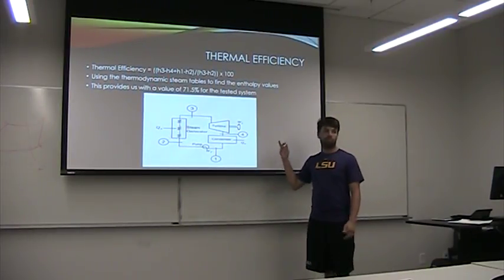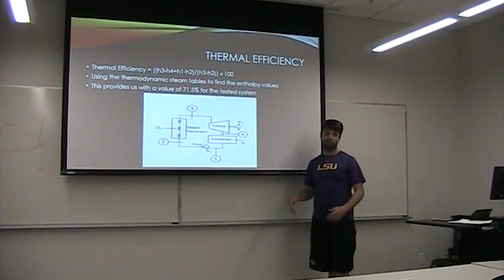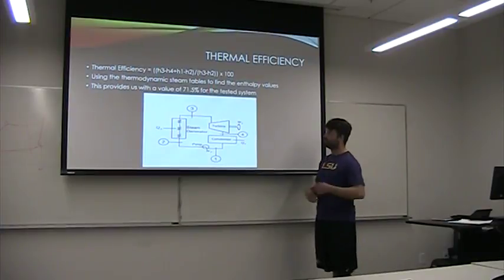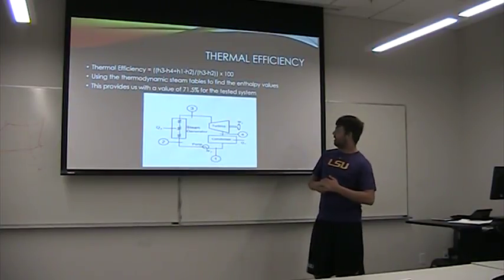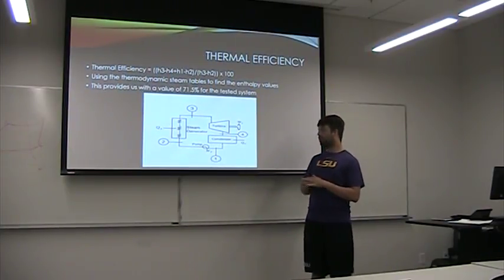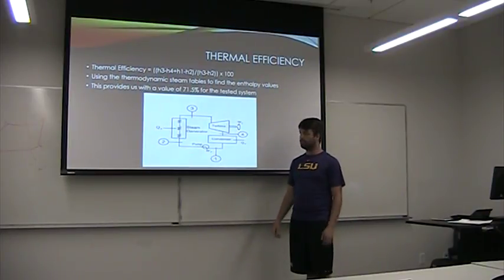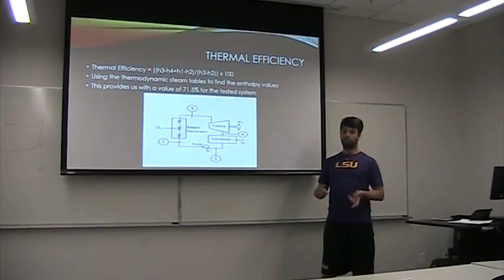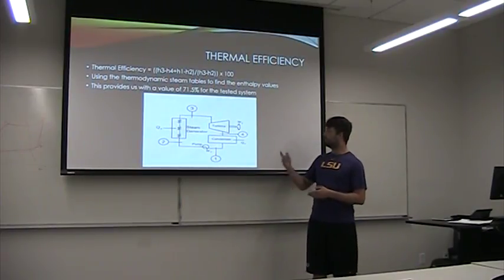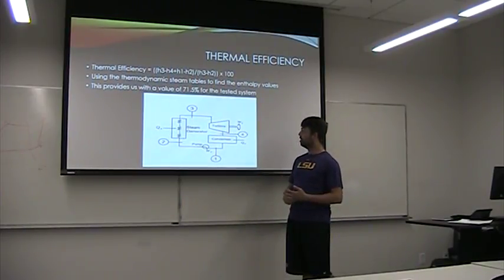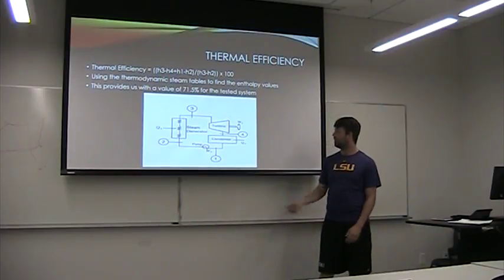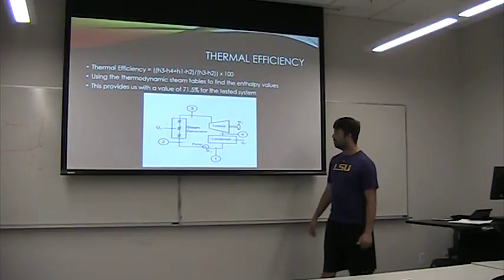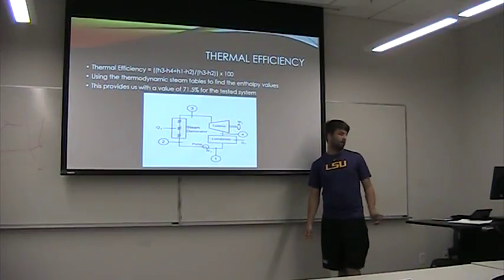You want to find those enthalpy values by using the steam tables provided in your thermodynamics book, if you still have it, or you can find them online. You use what you know from the data provided, picking a steady state position, and use the known pressures and temperatures to figure out those enthalpy values to calculate your efficiency. I got 71.5% for the ideal cycle, which is not too bad.